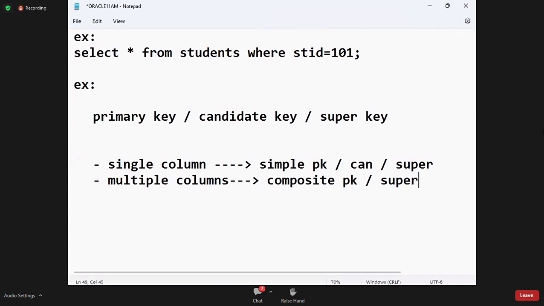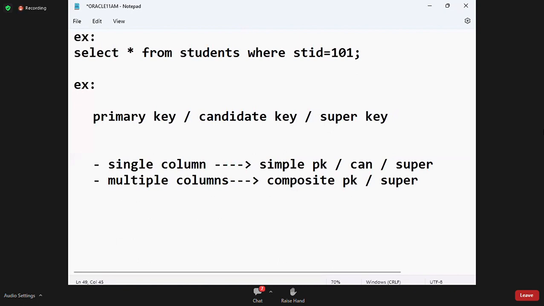Understand? So primary key on both columns is called a composite key or super key. When primary key is on every individual column, it is simple primary, candidate and super. Whatever the names, they will be different, but all come under primary keys only.